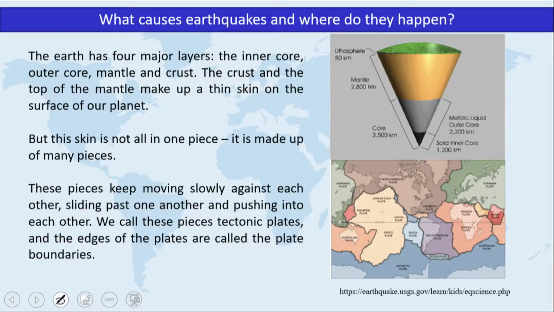So, what causes the earthquakes and where do they happen? Why should earthquakes happen at all on our Earth? As you see from this picture, this cone cut on the Earth shows that our Earth has an inner core and outer core, and there is a mantle, and above that the lithosphere or the hard surface.